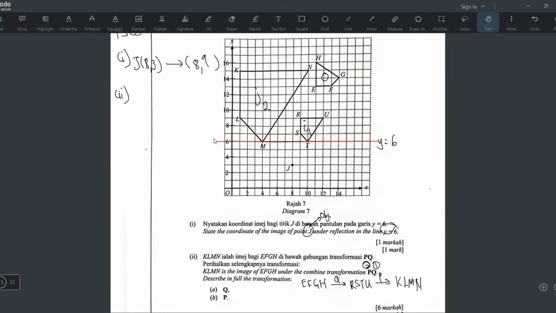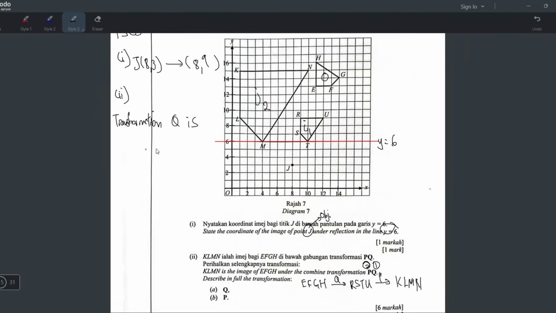Okay, let's try to describe now. They want you to describe transformation Q first. So you have to write transformation Q is, and then the description. And then transformation P is, and then the description.